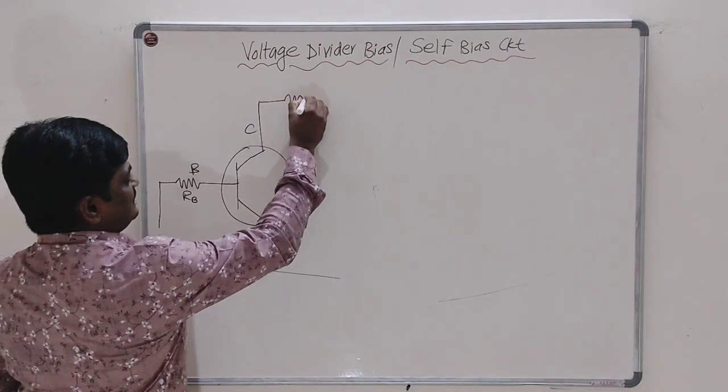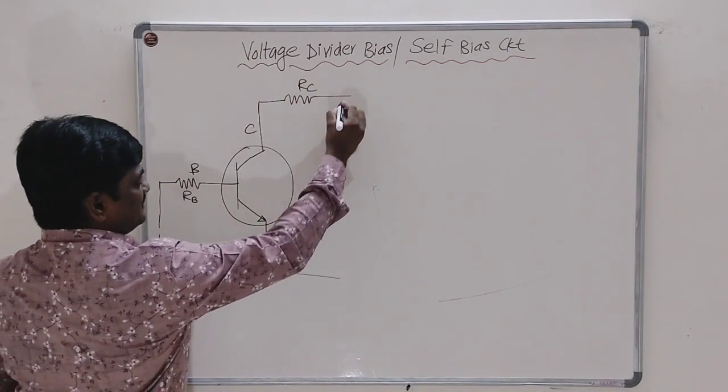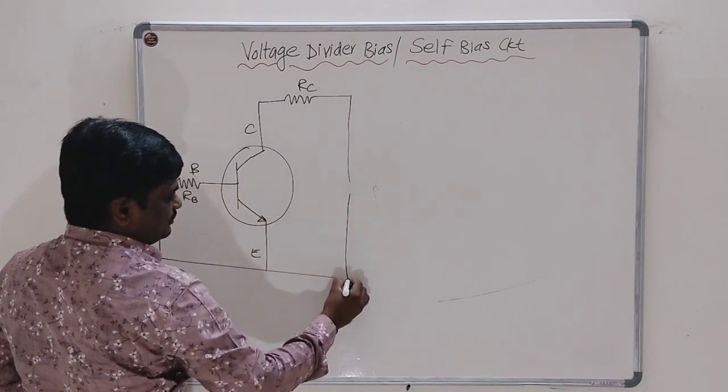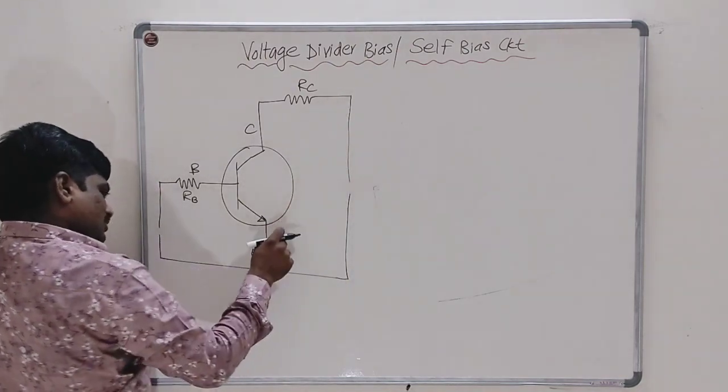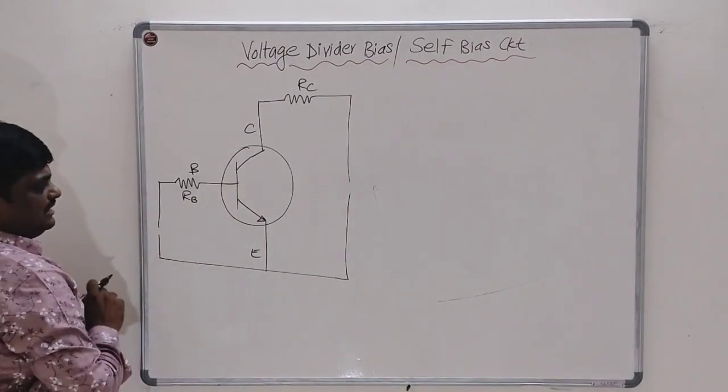Then there is one resistor, RC, in series with the output terminal, the collector terminal, and one more supply between the output and common terminal, that is, the collector and emitter terminals.